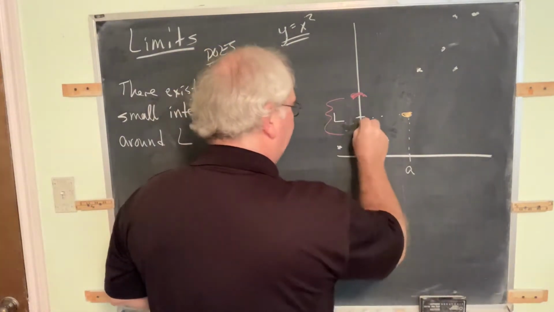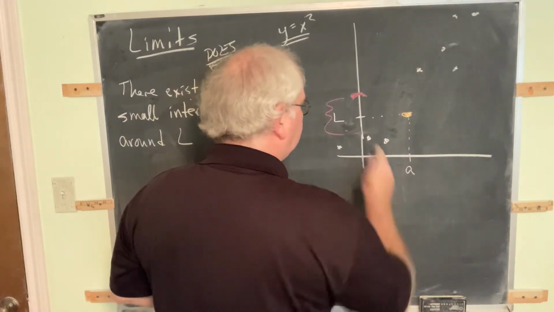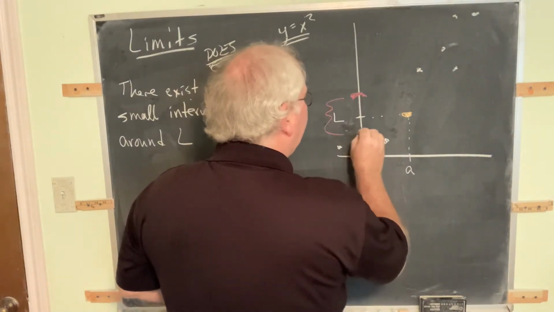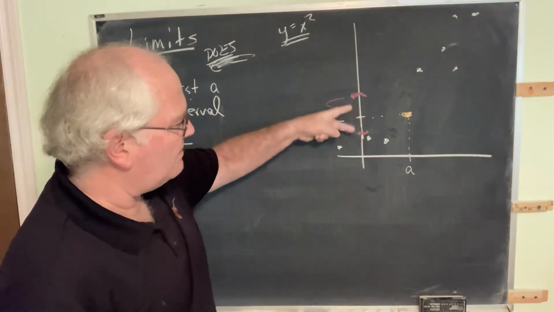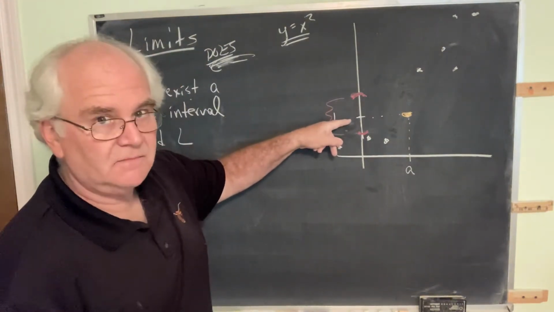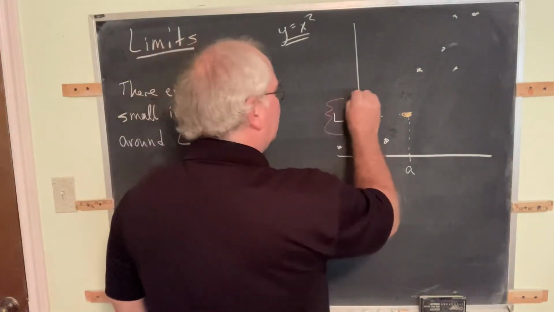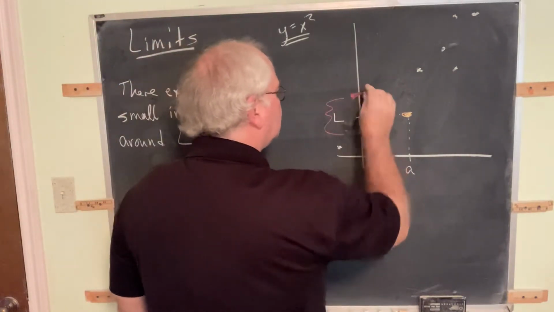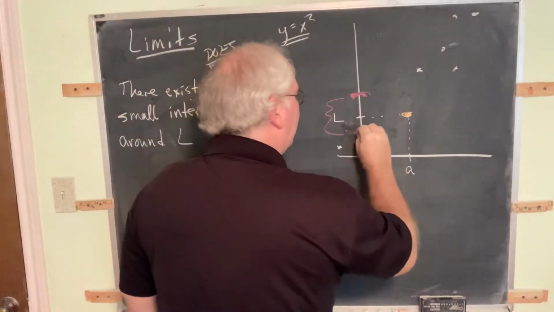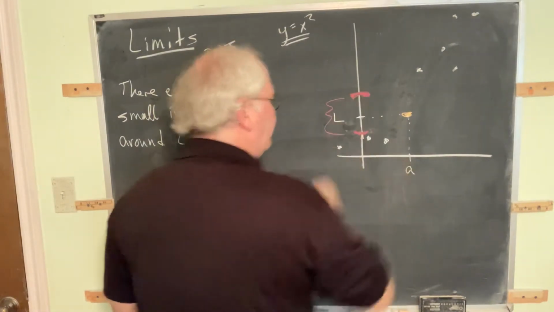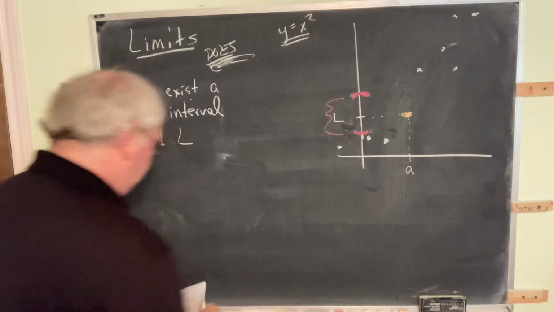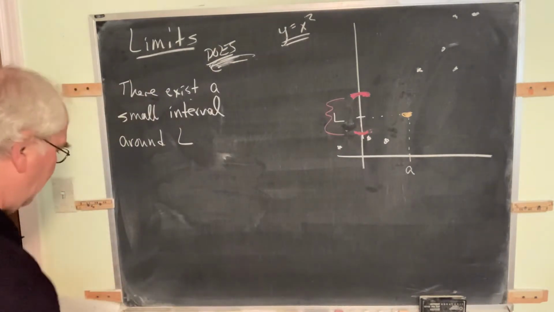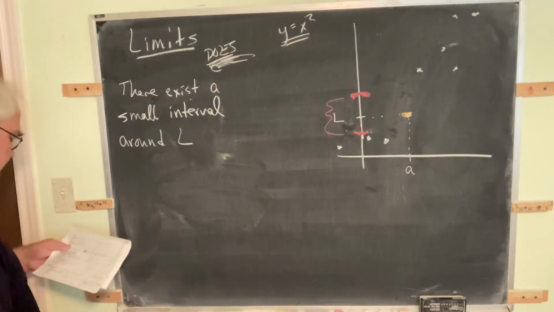So let me see if I can fix that a little bit. Within the limits of my badly drawn picture, this distance and this distance are the same. There's an interval centered at L. So here's the top of it, and here's the bottom of it. There is a small interval around L, and what's happening?